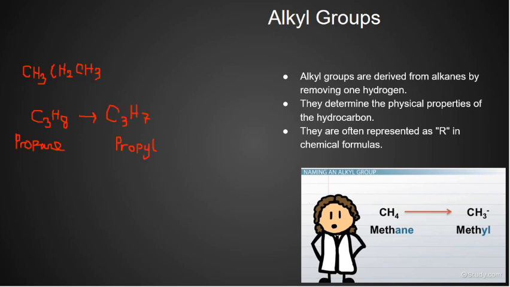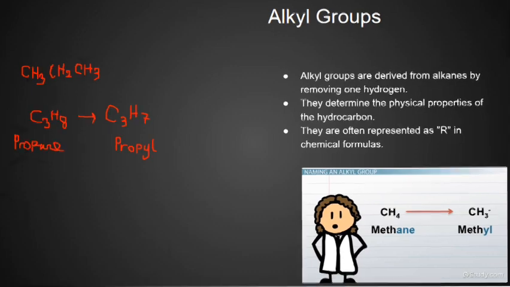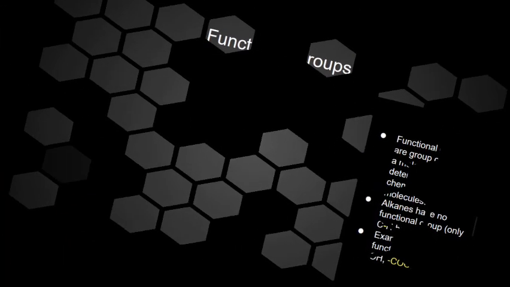What do you think this will now become? We are going to be replacing the ANE with YL. So this will become propyl. So the ANE is now replaced with YL, and this is an alkyl. You can also try to derive the alkyl for maybe butane and ethane, which gives ethyl. Is that clear?